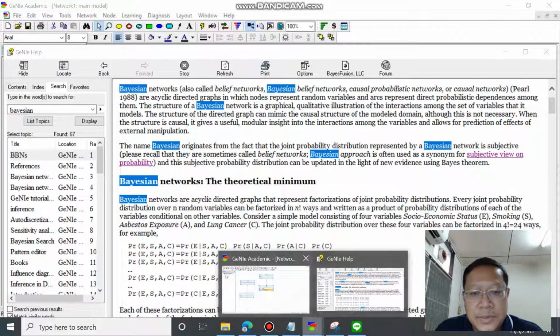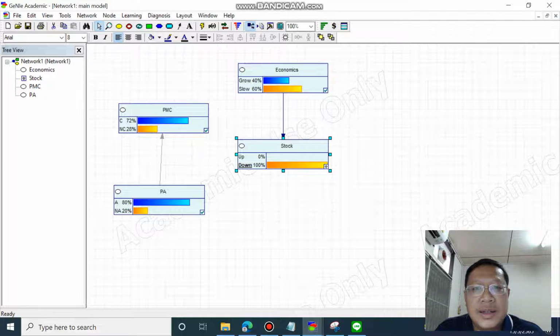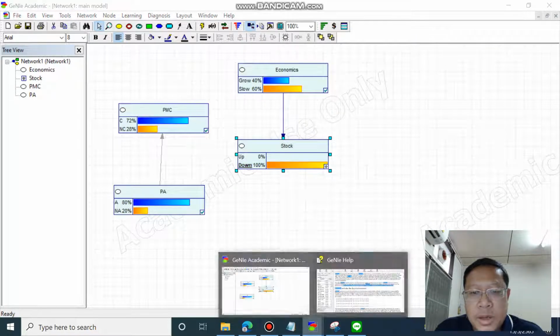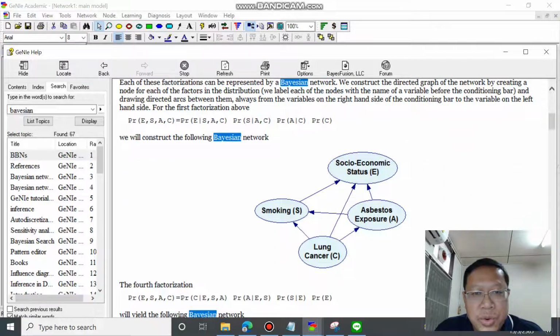So easy, just click update. Economy growth 40% and slow 60%. And this is the Bayesian network. You can draw the Bayesian network like this. It may contain 5 or 10 nodes. So this is Bayesian.